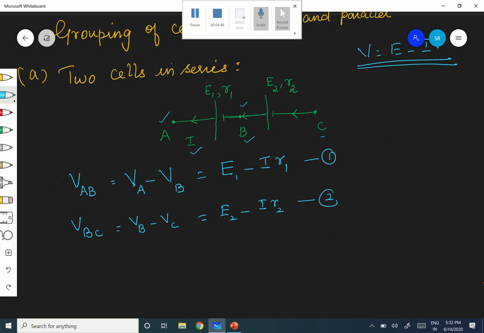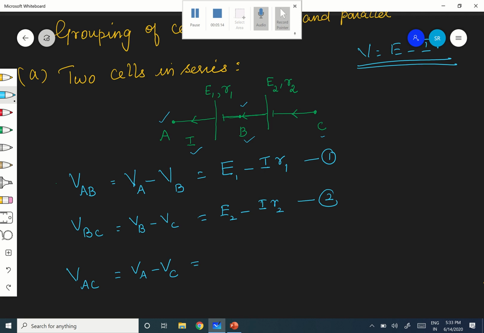Now, both the cells are connected in series. Therefore, what is the net potential difference across both the cells? Now I can say it is VAC. Here the current is from C to A, direction you see. Therefore A has to be at higher potential. So VA minus VC. How will you get VA minus VC?